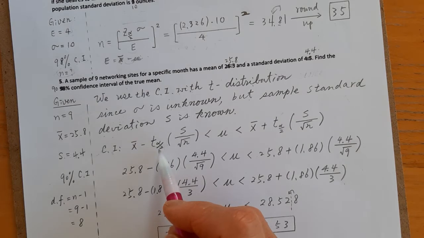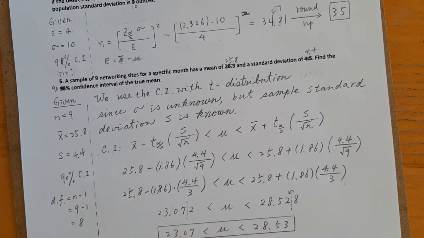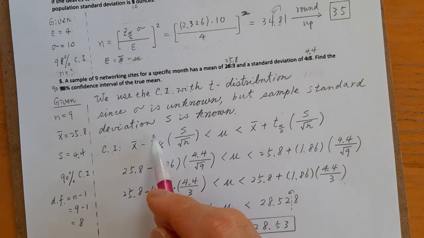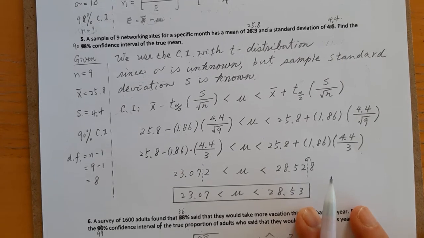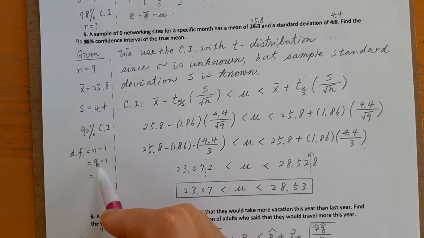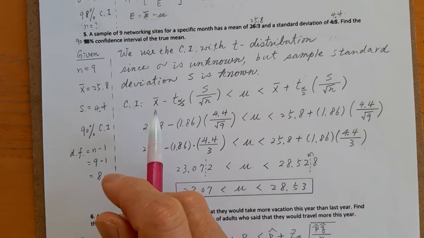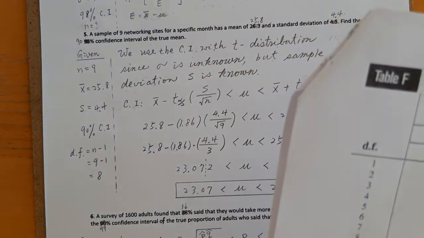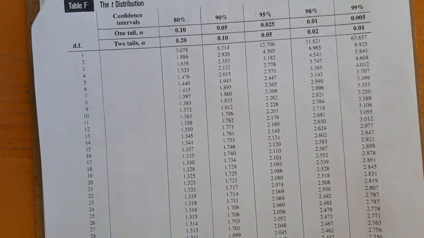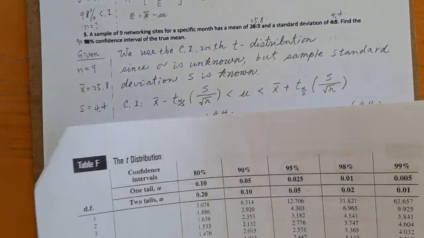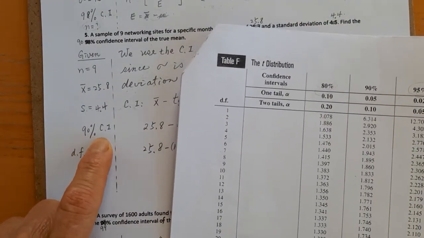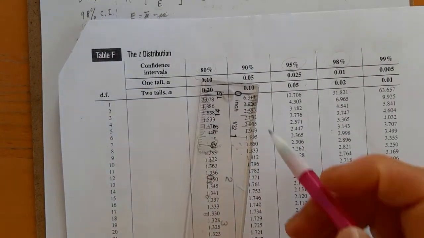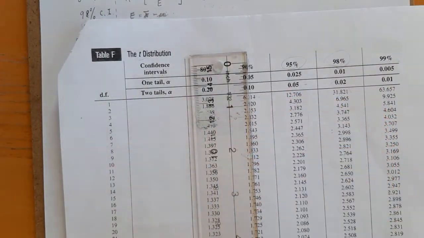minus the t-score. How do we figure out this t-score? First of all, we have to look for the degrees of freedom, which is n minus 1. N is 9, and 9 minus 1 is 8. So you look at the t distribution table for the 90% confidence interval.